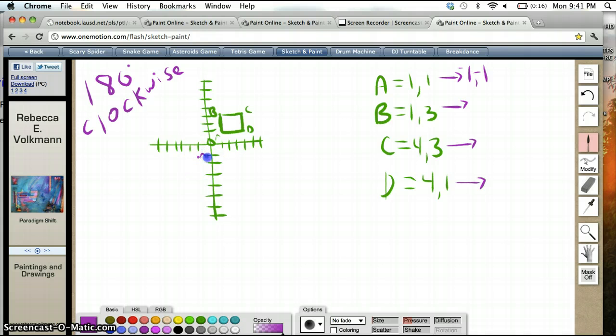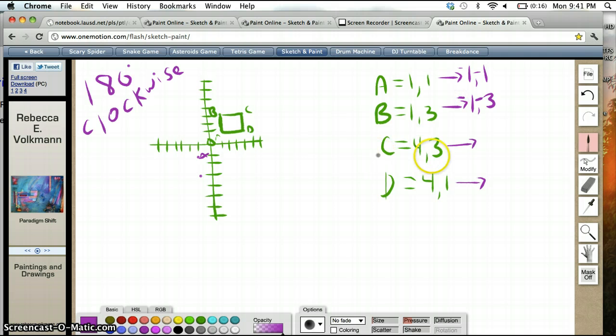Okay, so that's your new A point. Now B is 1, 3. Again, for 180 degrees, you keep your X and Y the same. So 1, 3, you're going to move over 2 quadrants. So 1, 2, we've got over 1, down 3, and we look, those are both negative, so we can now add in our negatives. Okay?